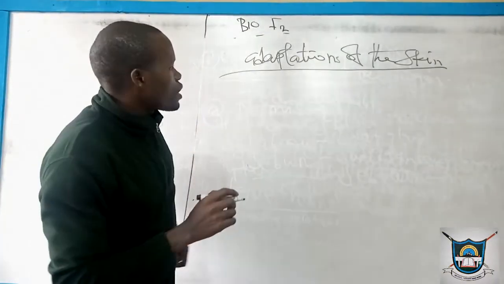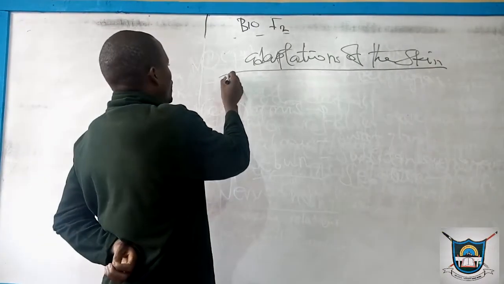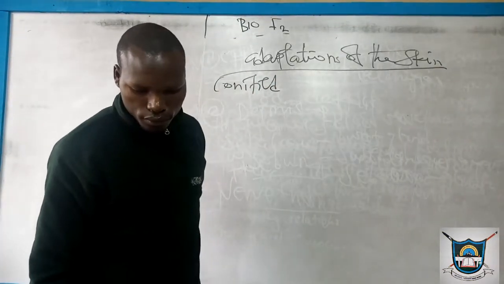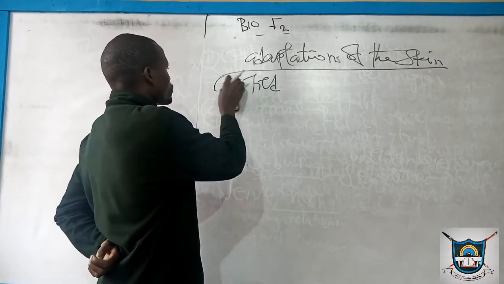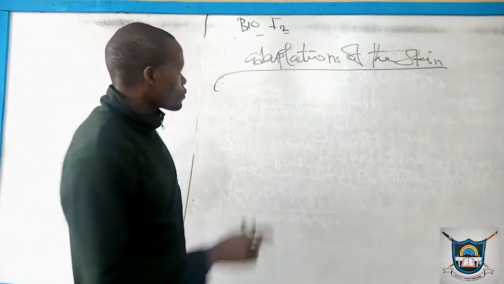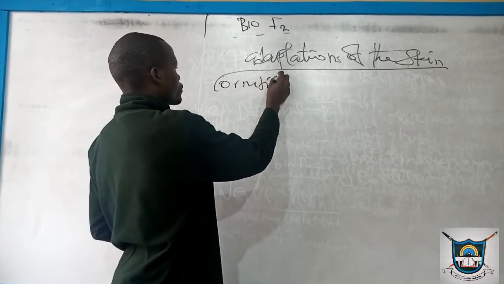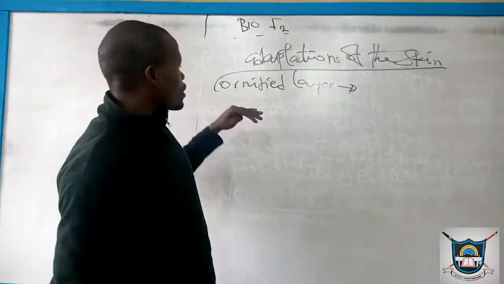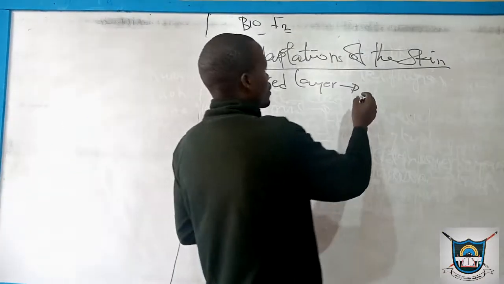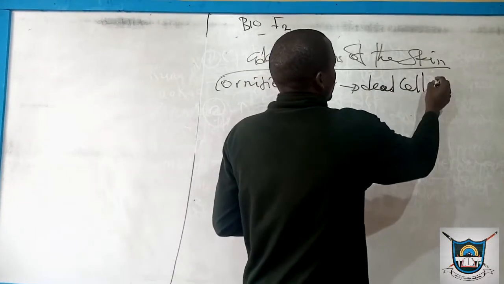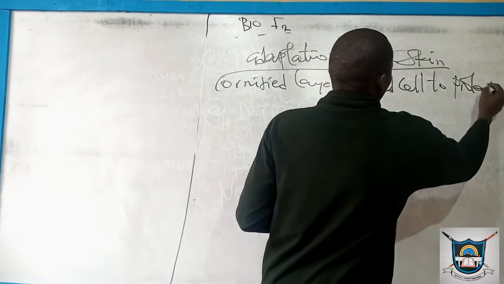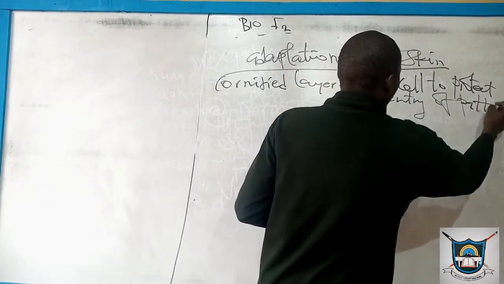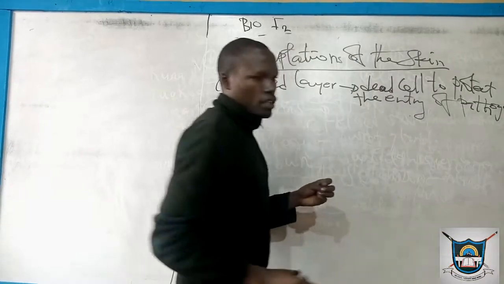For instance, we say the skin has the cornified layer, which has dead cells to protect against the entry of pathogens.